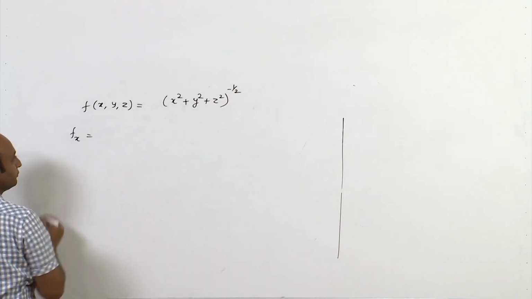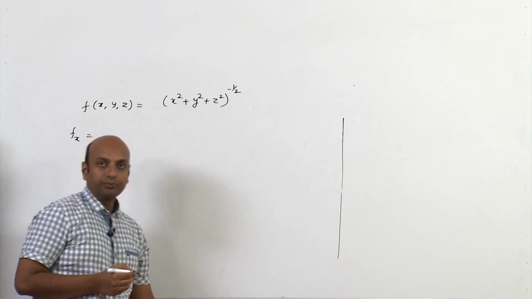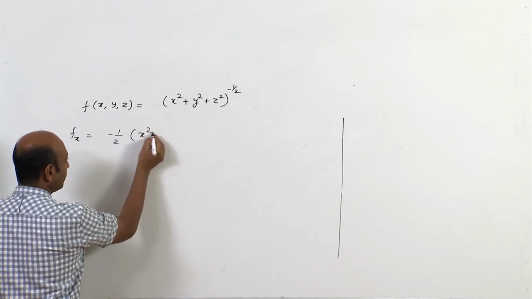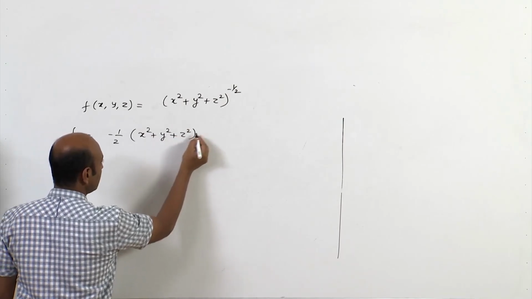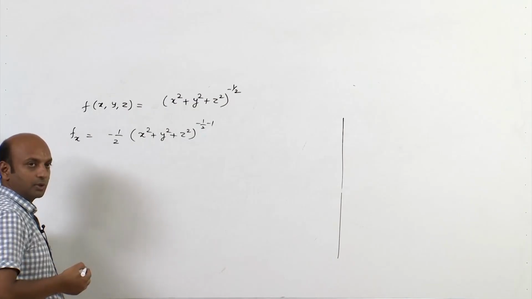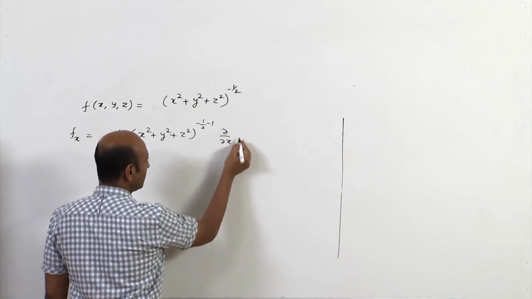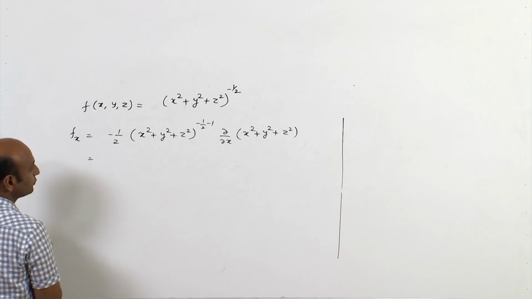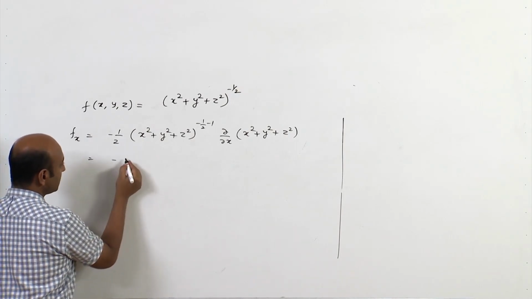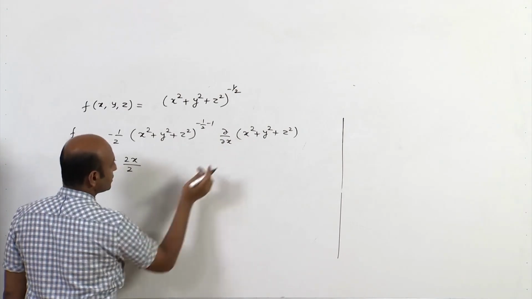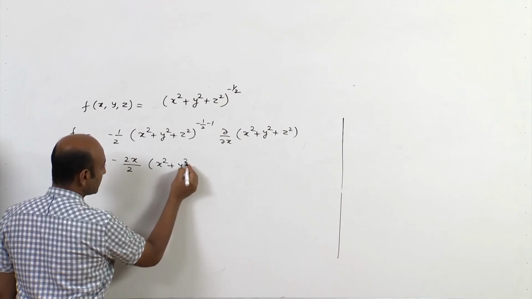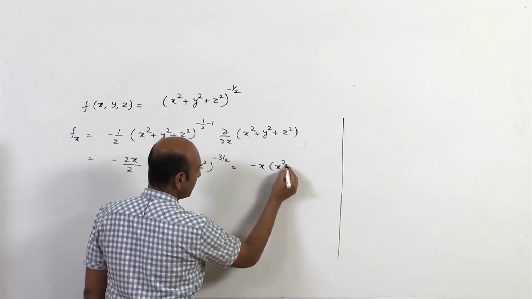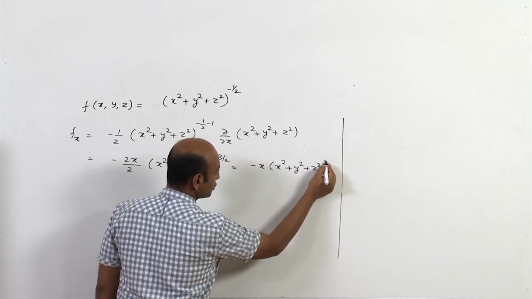So, fx will be, now it is t raised to power minus 1 by 2, the derivative of that will be minus 1 by 2 t, which is x square plus y square plus z square, raised to power minus 3 by 2, and del by del x of t again, that is x square plus y square plus z square, which is equal to 2x. So it is minus 2x upon 2, and x square plus y square plus z square whole raised to power minus 3 by 2, which is minus x into x square plus y square plus z square whole raised to power minus 3 by 2.